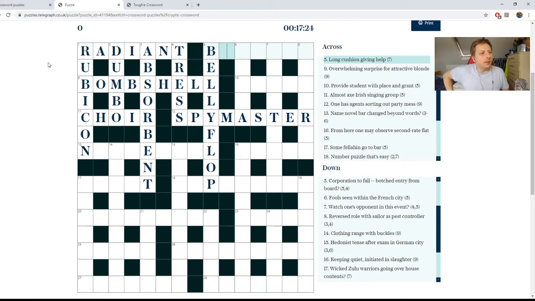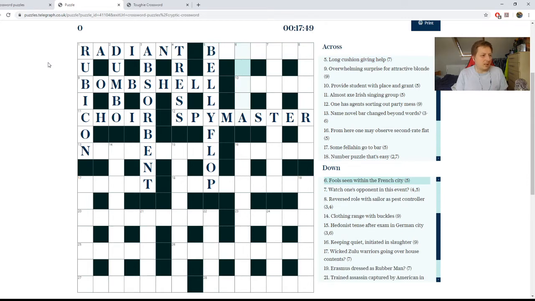Hint, please, from anyone who has one. If something is long, it is thin. Oh, it's a double definition. If it's a double definition, you can't really help. In that case, I will move on to 6 down.